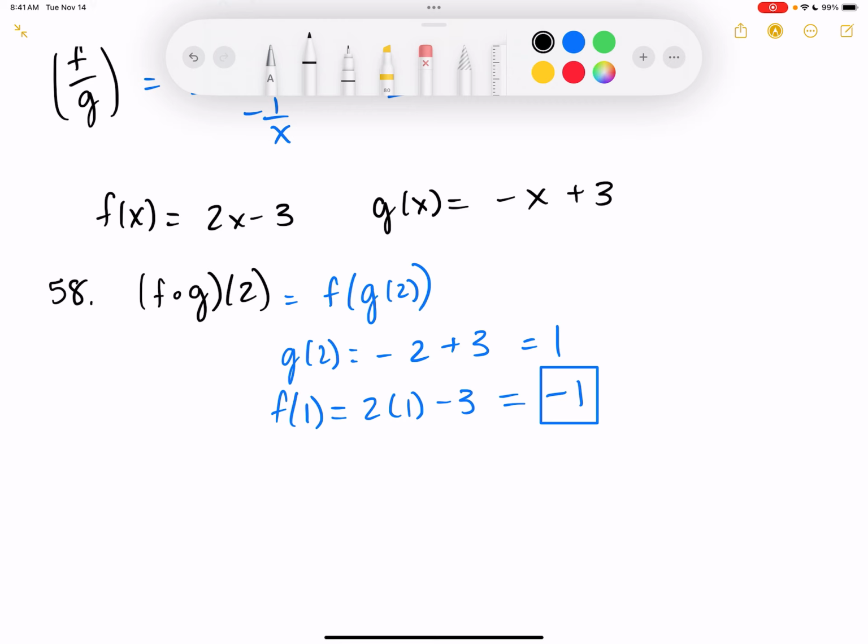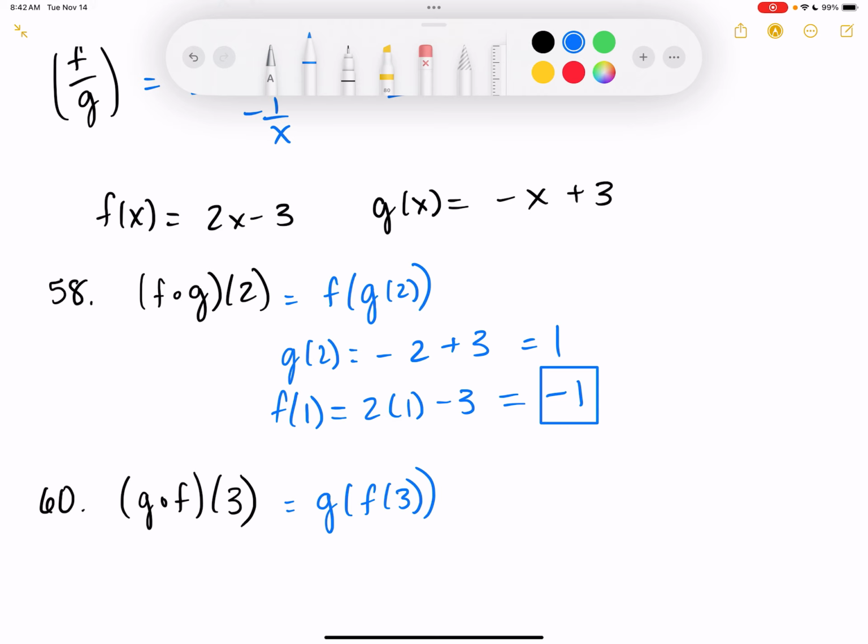If we did 60, g of f of 3, it's using the same f and g up at the top, but now I'm going to have g of f of 3, so anywhere I see an x in f of x, I'm going to put 3. Once I get that answer, that's going into g of x.